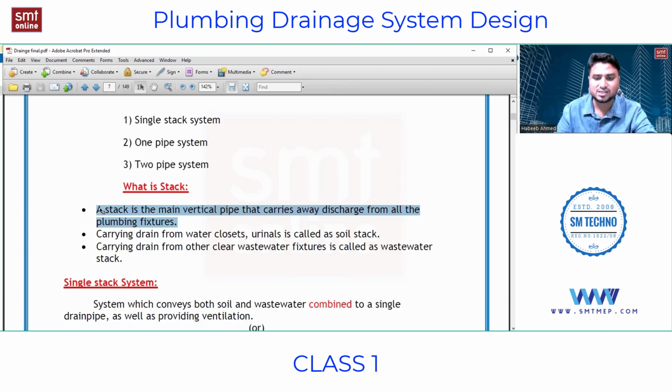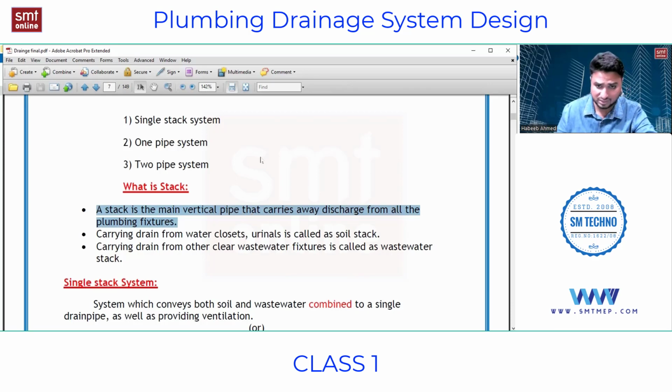Why am I saying main? Because for the entire project, whatever drain is happening will be collected into this pipe and will come down by means of gravity. That is why it is called the main vertical pipe that carries all the discharge from all the plumbing fixtures.